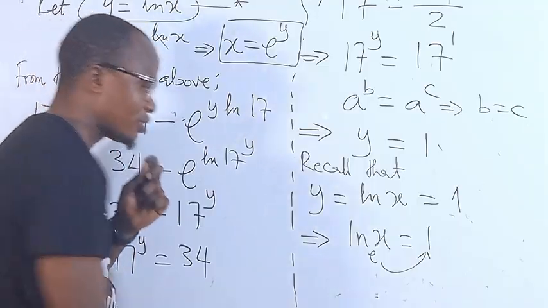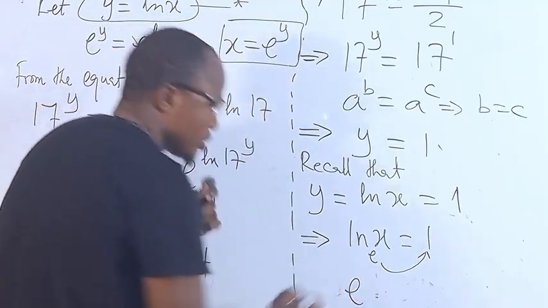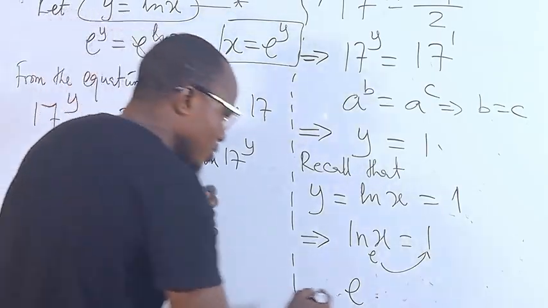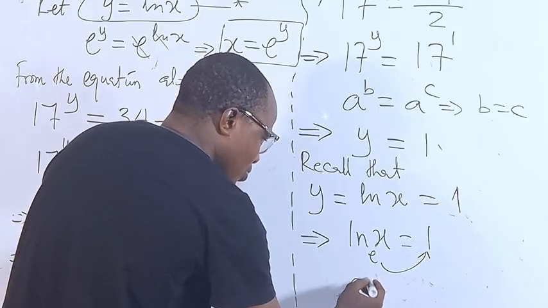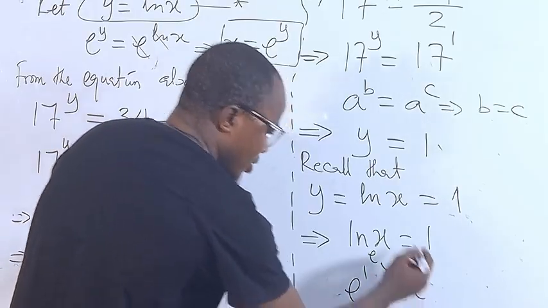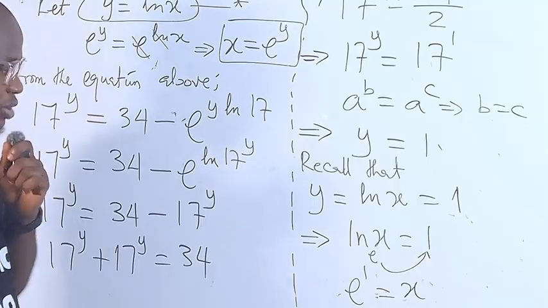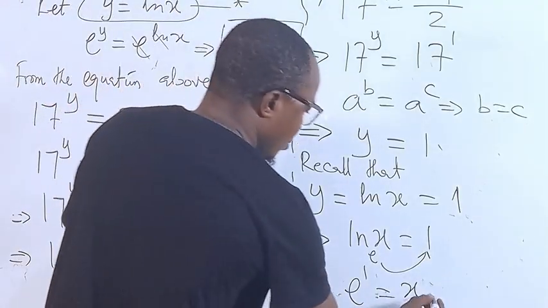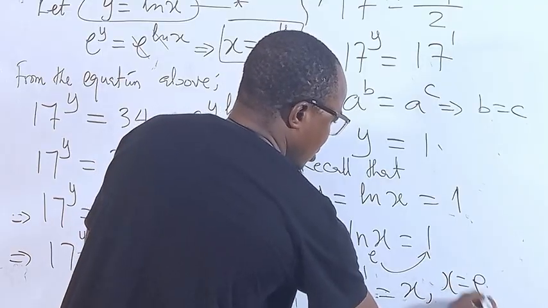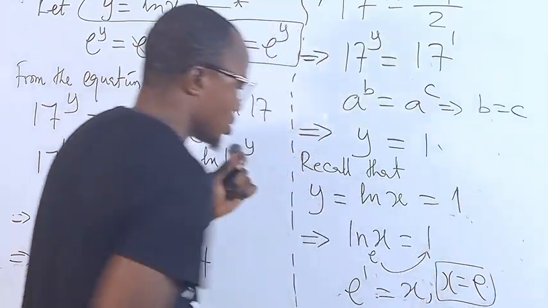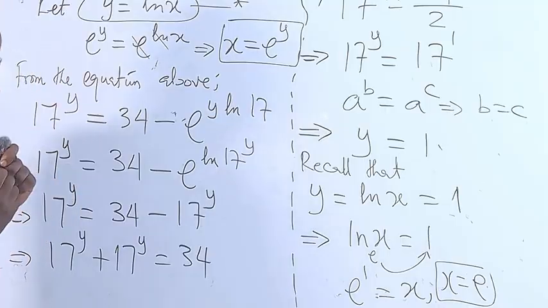Writing this in exponential form, it is going to be e to the power of 1 equals x. So that is telling us that the value of x here is e.